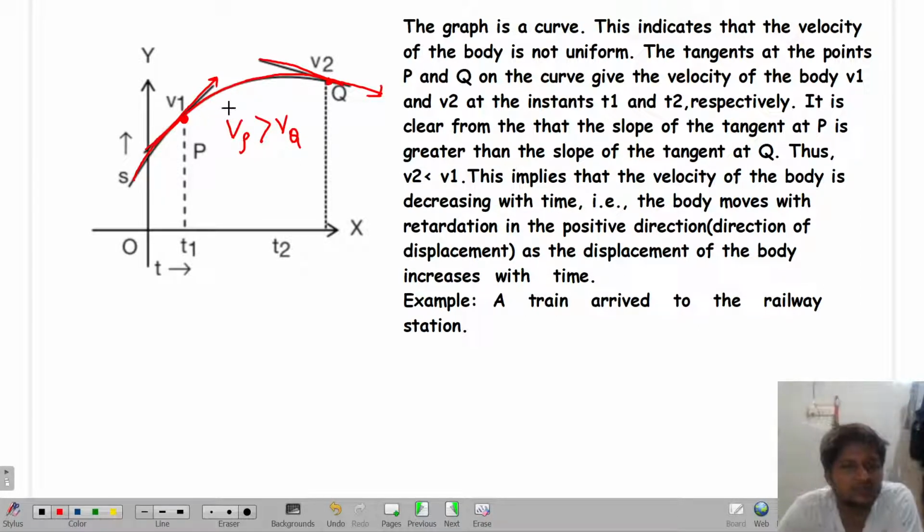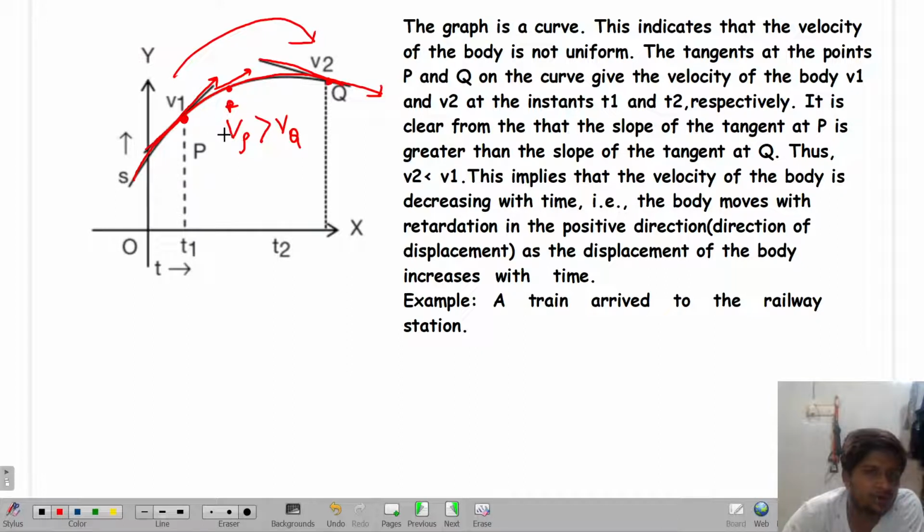When I consider a point like R, the tangent is becoming very much flat. So from V1 to V2 the velocity is actually decreasing. Velocity of point P is positive while velocity of point Q is negative.